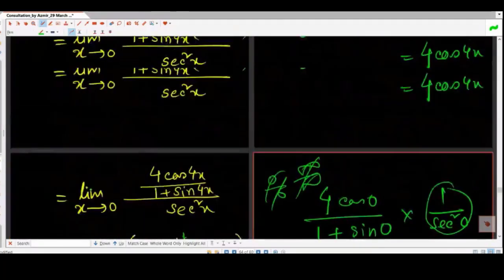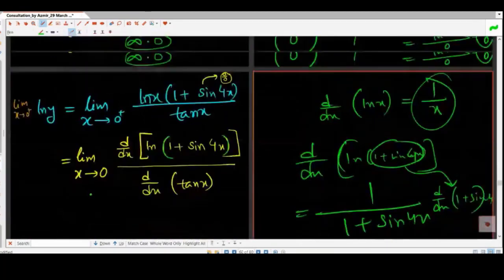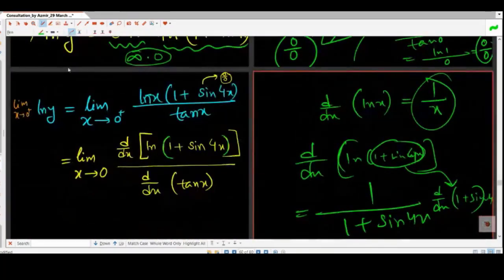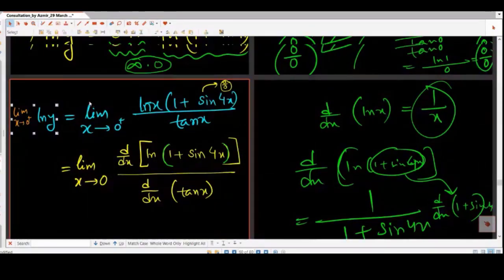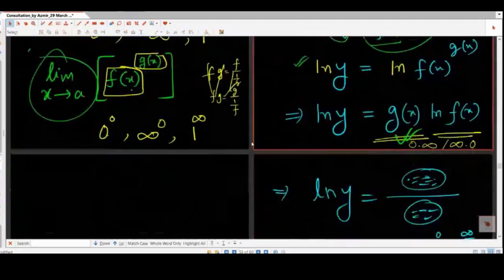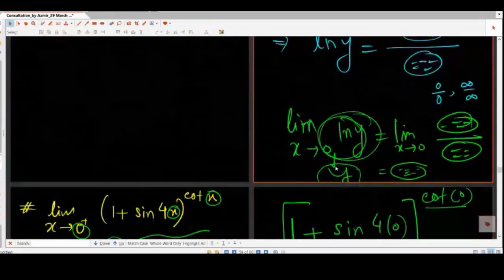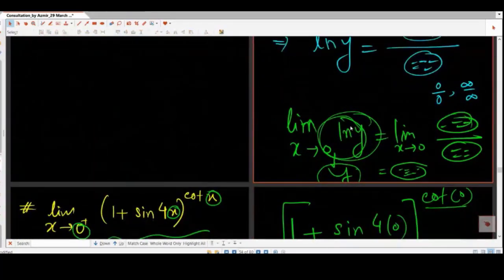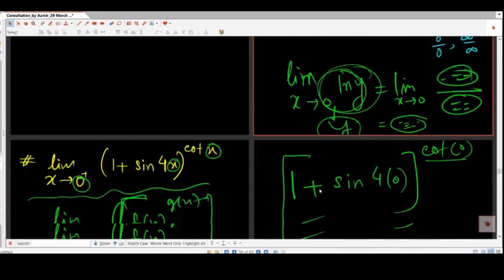So don't forget that on the left side, we have natural log of y. And whenever I have described the general concept, I have mentioned that our target is to convert natural log of y to y only. Then we will get the main result.